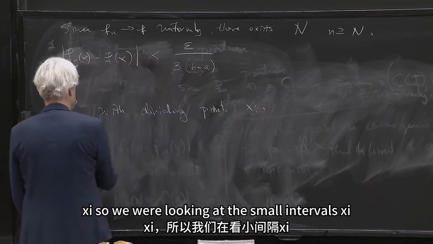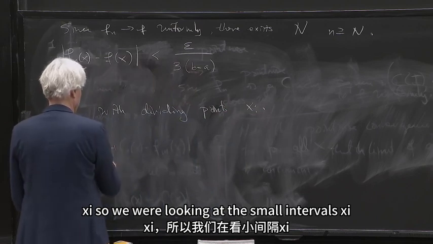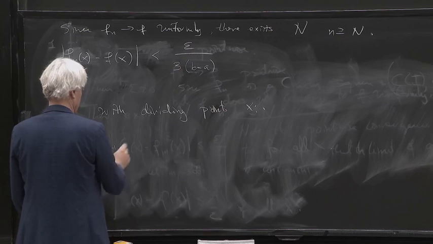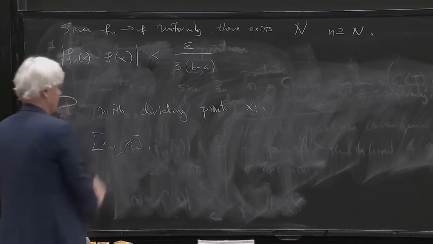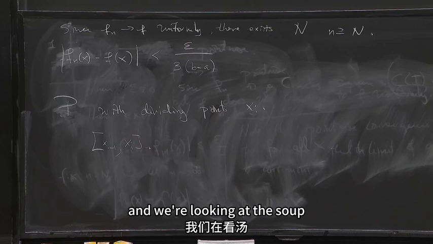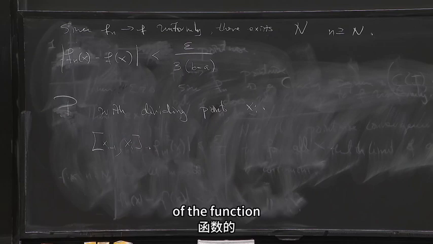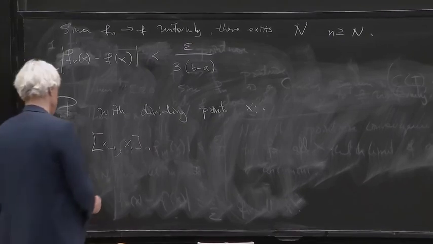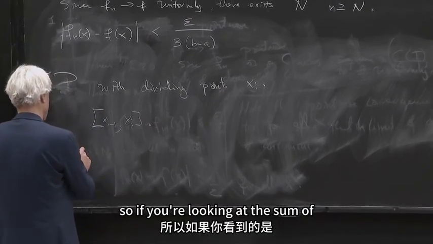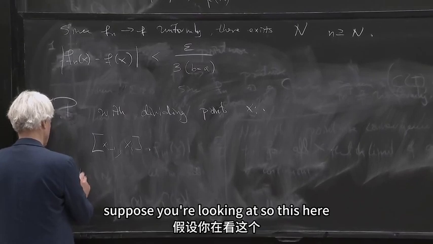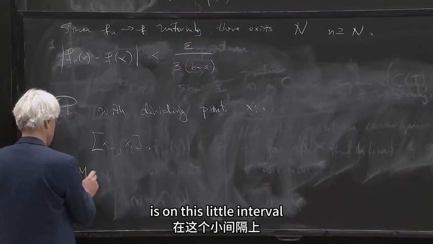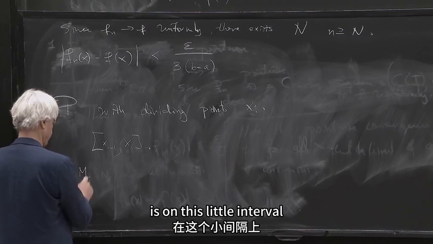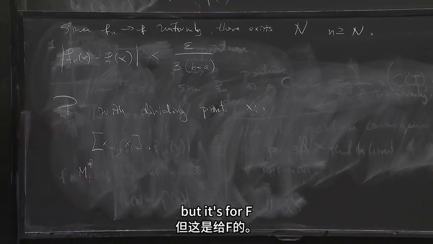We were looking at these small intervals from xi minus 1 to xi, and we're looking at the sup of the function on this little interval, but for f.